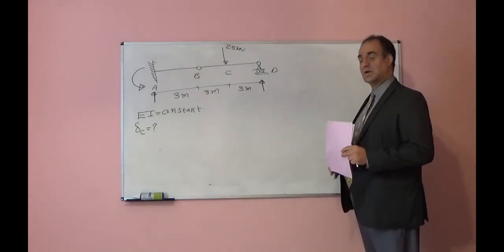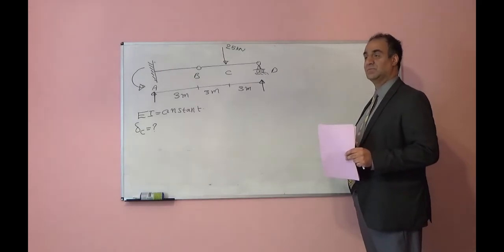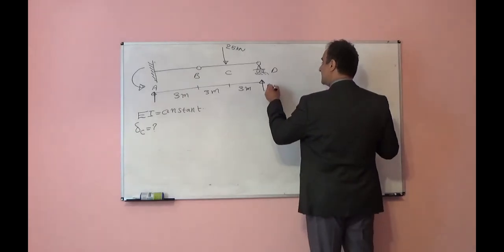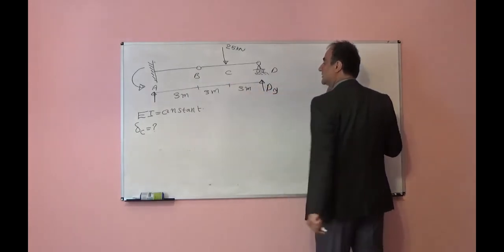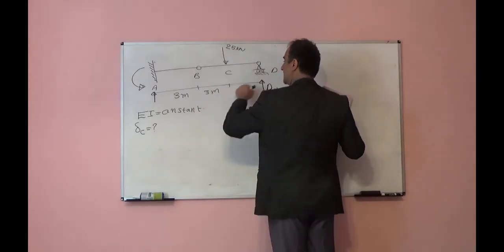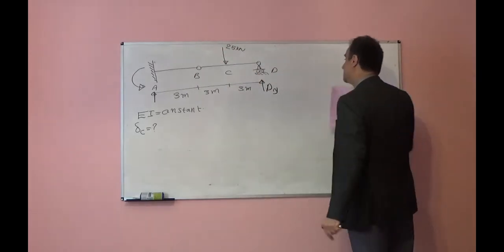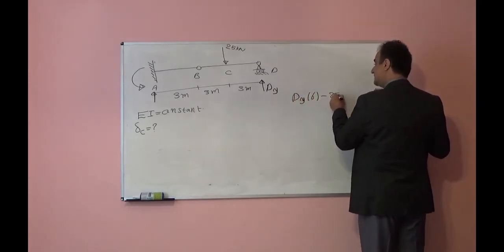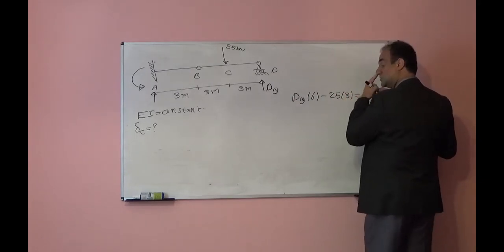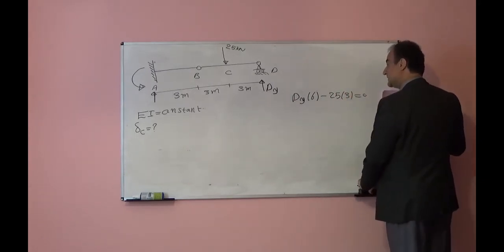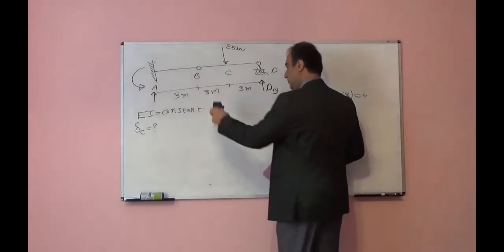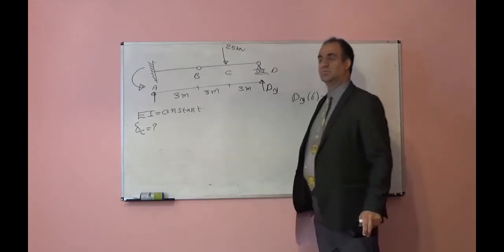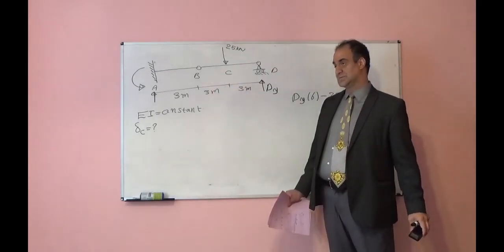You can find it like that, or if you are not able to figure it out like that, you can find it using the equilibrium equation. If we want to find dy, I can take moment for the right side with respect to point B equal to 0. That will be dy times 6 minus 25 times 3 is equal to 0. I took the moment with respect to point B because point B is an internal hinge, and we know in the internal hinge moment is equal to 0, so I can put it equal to 0.